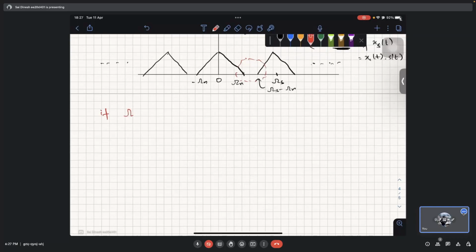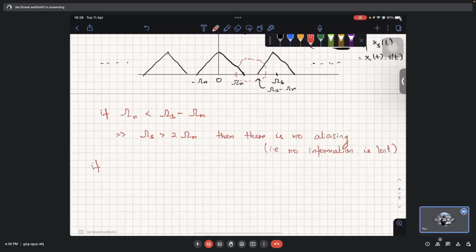So here we see that if omega n is less than omega s minus omega n, which implies omega s is greater than 2 omega n, then there is no aliasing, that is, no information is lost, right?